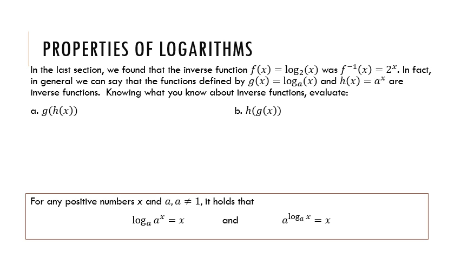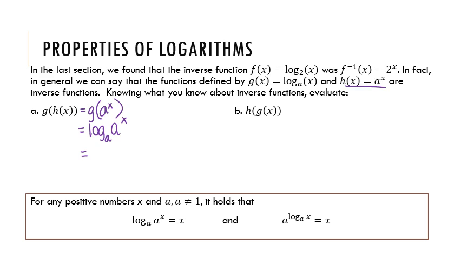So let's do g of h of x first. This is taking the function g and inputting h of x. H of x is a to the x power. So this gives us log base a of a to the x. Let's try to simplify this a little more.